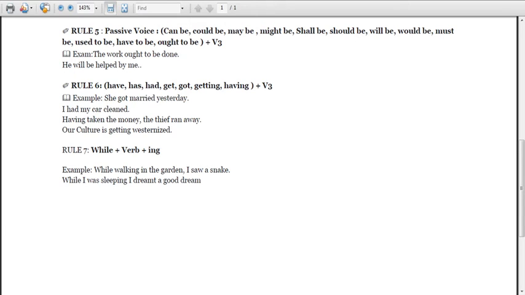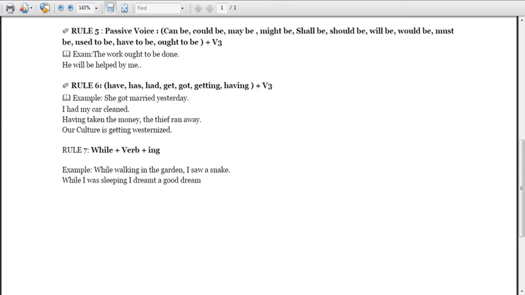Rule 5 has similarity with the earlier rule. There we found that for the modals we should take V1, but here if be is added with this, it becomes passive voice: can be, could be, may be, might be, shall be, will be, have to be, has to be, this much. If you find this, that time V3, the past participle form of the verb, will be applied.